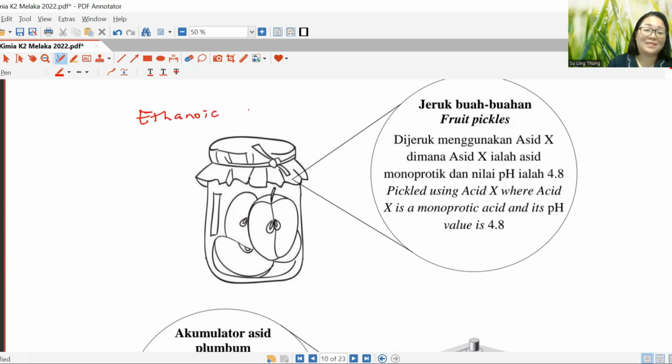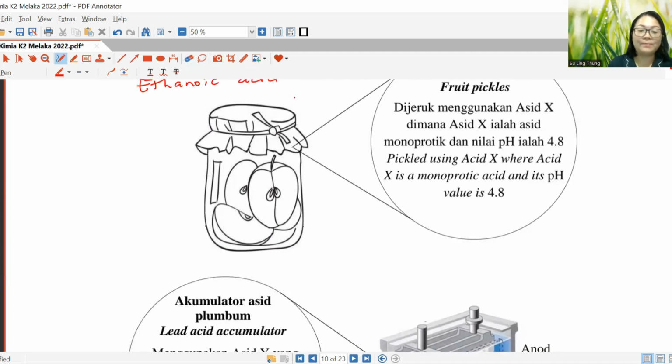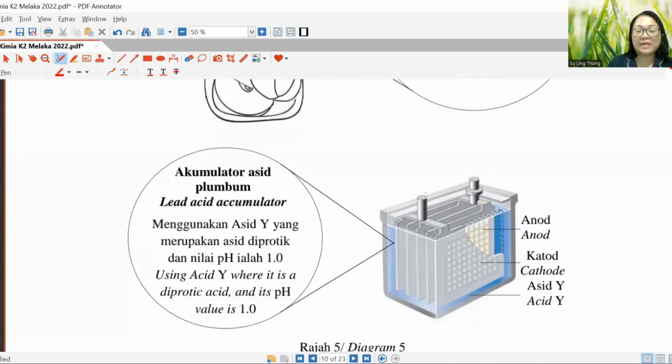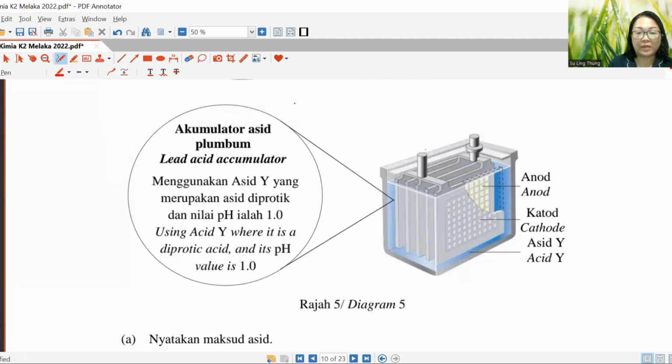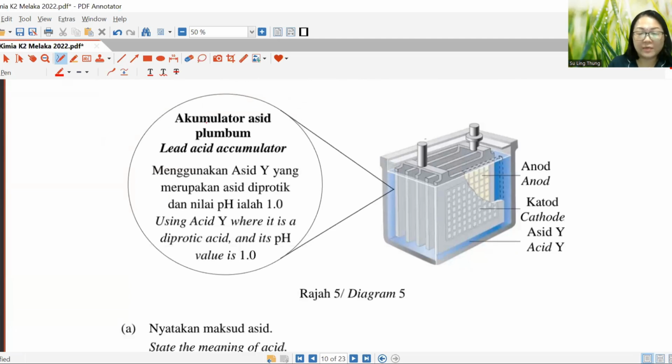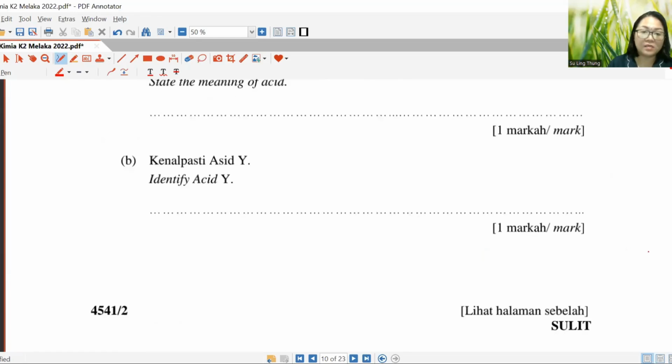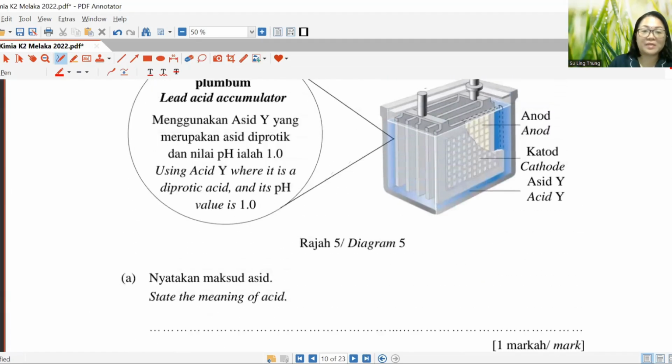They won't use other acid. Normally very standardized is ethanoic acid. Okay, now for lead acid accumulator, it has a pH 1, and the moment you detect there is diprotic acid here, you will not learn other diprotic acid except sulfuric acid. Okay, only sulfuric acid.